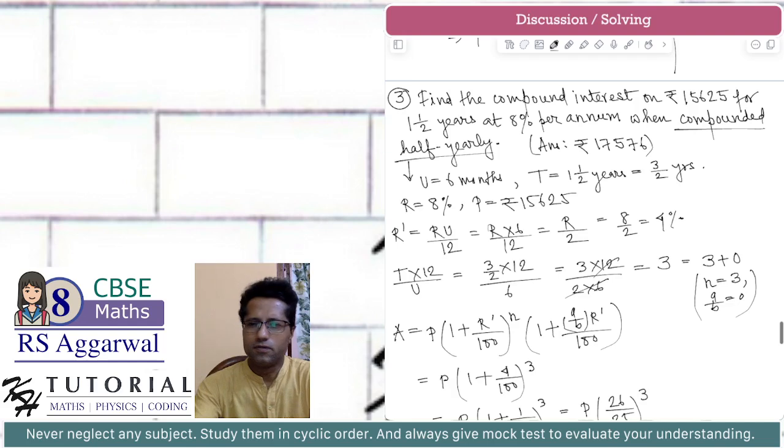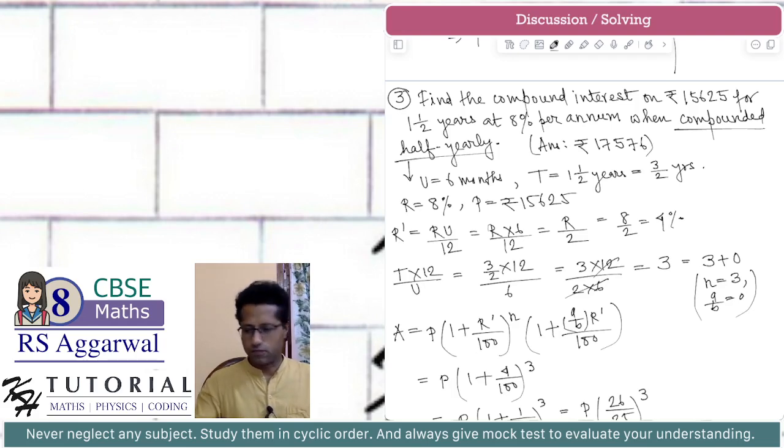Find the compound interest on. Let me check once again. How can the compound interest be 175? Let me check. So compound interest is, oh, the amount was 17576.